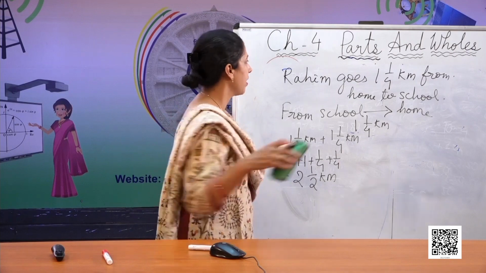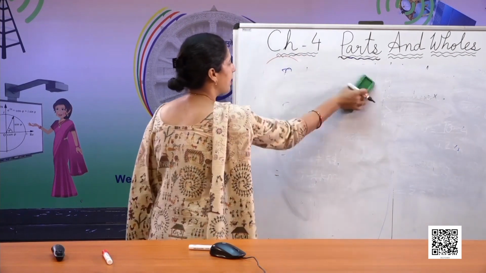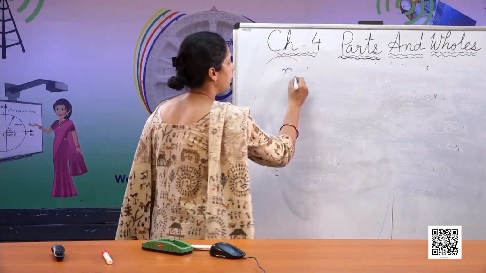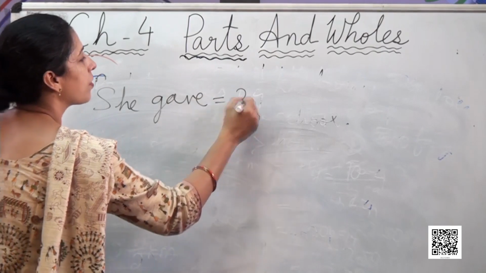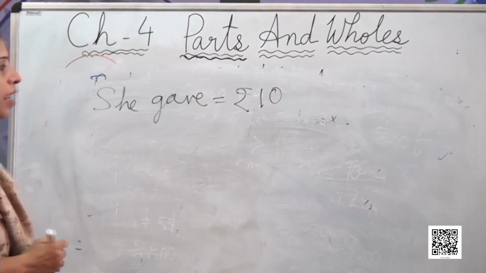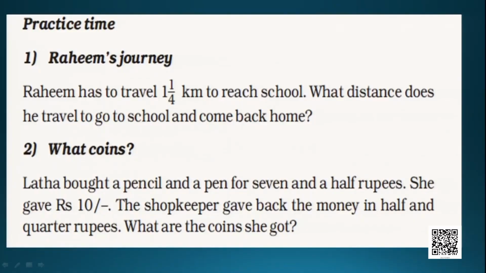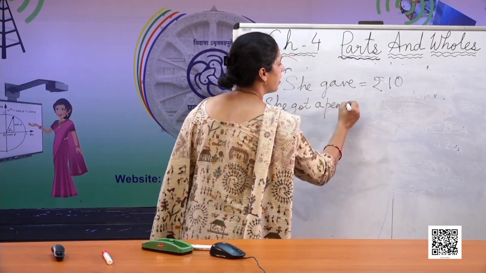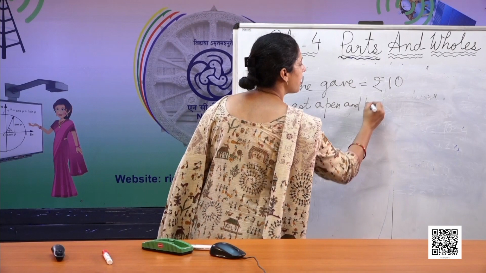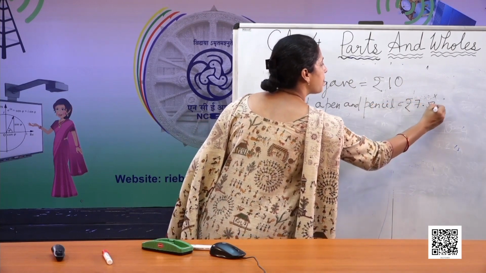So let's see. She gave 10 rupees to the shopkeeper. Okay children? So she gave rupees 10 to the shopkeeper. Rupees 10. And she got the pen and pencil for 7.5 rupees. She got a pen and pencil for rupees 7.50.